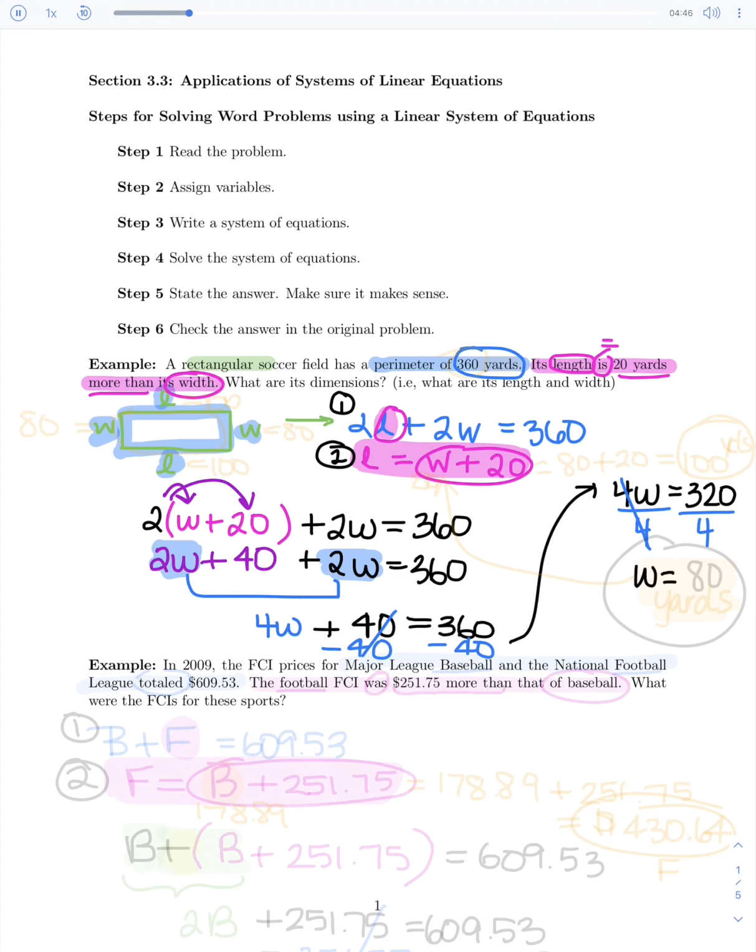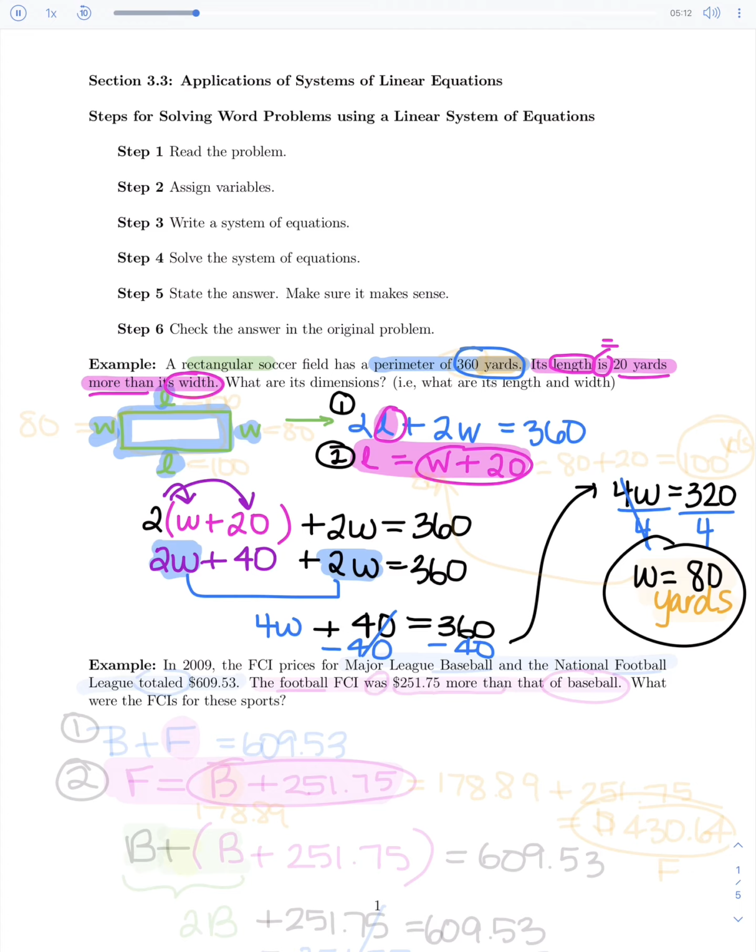Well, 4 goes into 320 80 times. Now, because the perimeter was in yards, our length and width will also be in yards. So we'll say that the width is 80 yards. Now, that's only half of the answer. Just like when we were doing these as regular problems, we had to find an X and a Y.